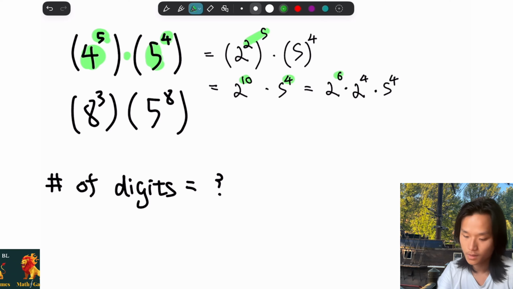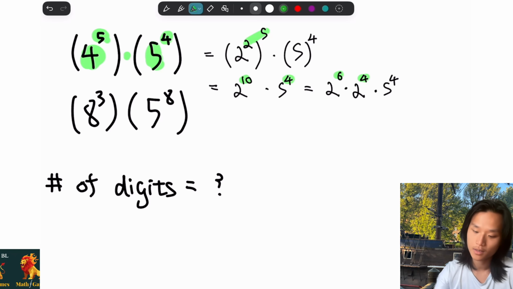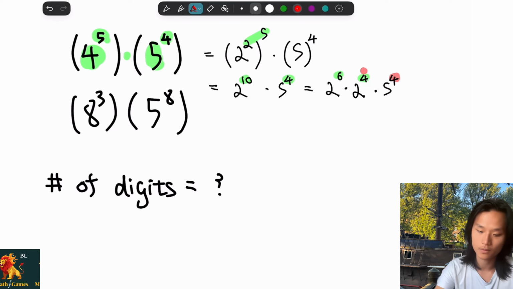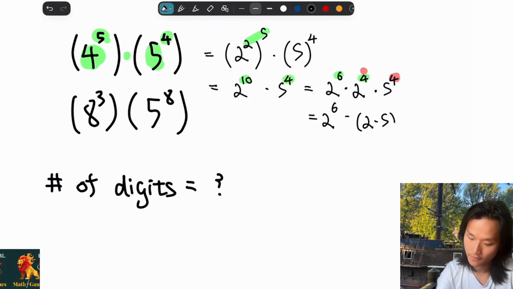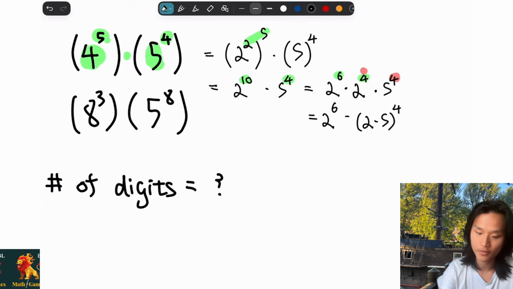So 6 plus 4 is 10, so everything is the same. And what I want you to focus on is the powers 4 here. Now we can group them together, so we have 2 raised to the power of 6, and then here we have 2 times 5, and the whole thing raised to the power of 4.